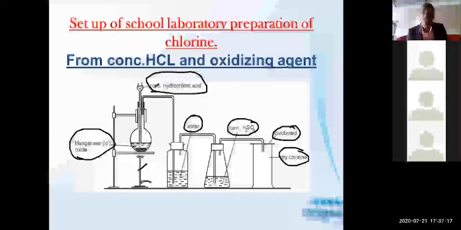You have to indicate the words concentrated hydrochloric acid. Just writing hydrochloric acid without the word concentrated, you will be marked wrong. So you have to be very keen on that.